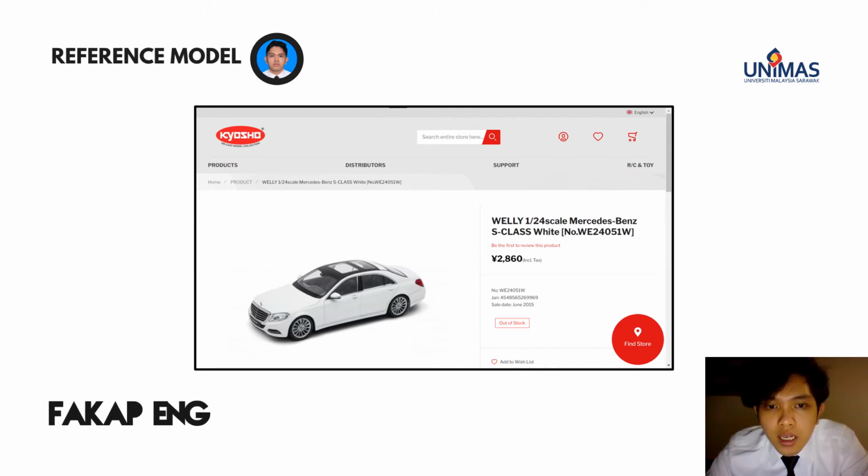So they produce the same product as we produce, which is 1:24 scale Mercedes-Benz S-Class White, but the price is much higher, which is around 2,860 yen, around 108 ringgit. But our price will be lower with better detail and better design. So we hope that we can compete in the market with this kind of price.